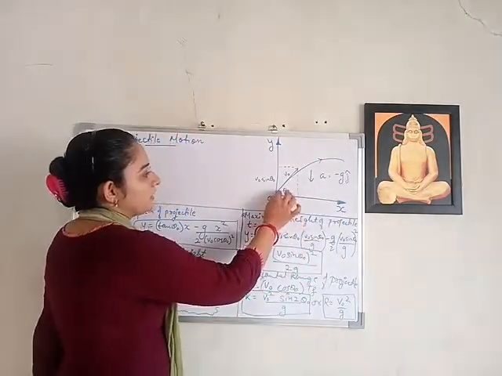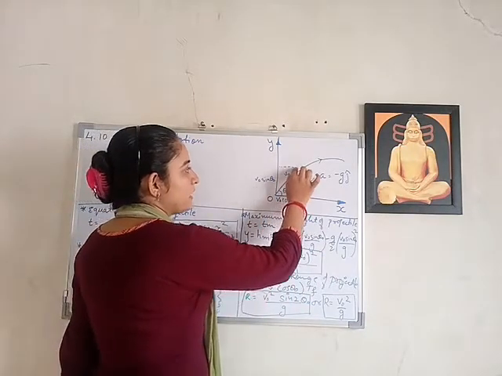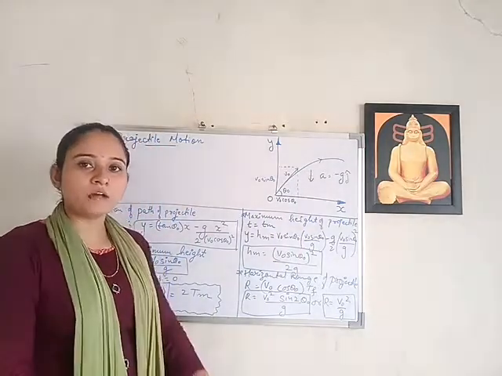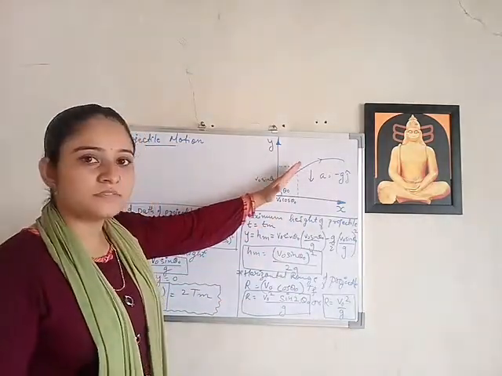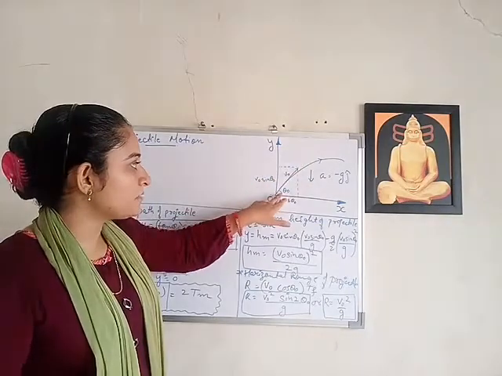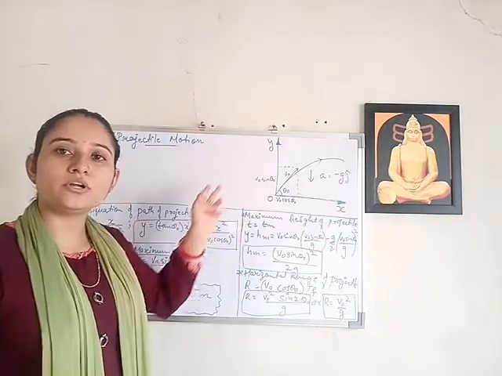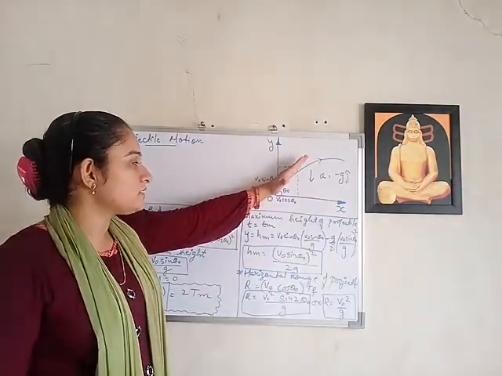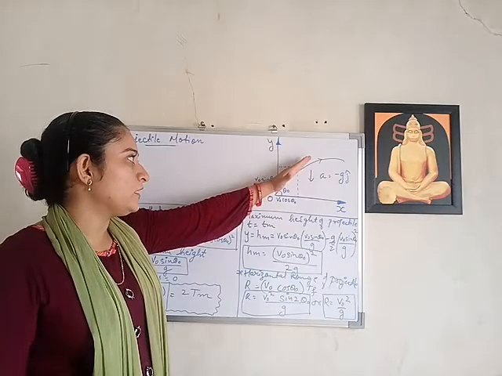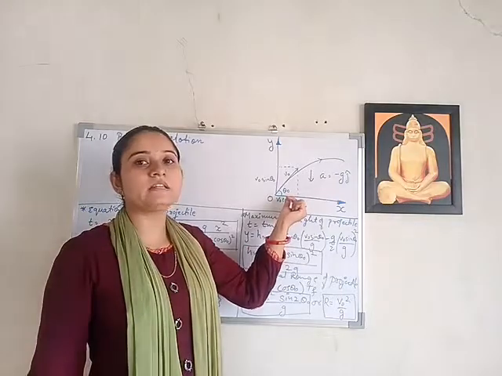Here it makes an angle theta 0 with the x-axis, having velocity v0. Now you know the two components. I told you in the previous lecture that for any component, you have to see the axis with which it makes the angle theta.